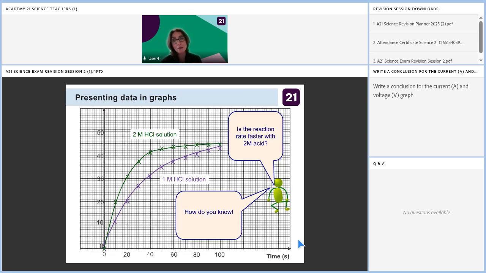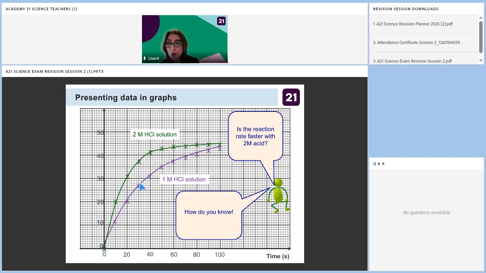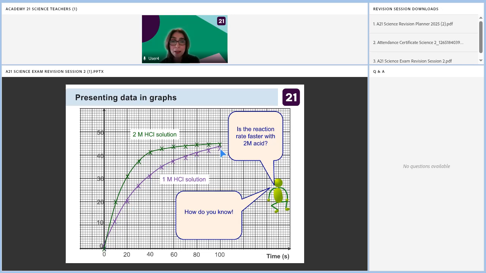Right, here is the graph drawn. So you've got, as I said, 2 sets of results. You've got the first one for your 1 molar hydrochloric acid, and you've got your second. Remember, you've drawn the points, you've drawn your line of best fit, and then you have labelled it. Then you go on to do your second set: you've drawn it, put your points on, drawn a line of best fit, and labelled it.